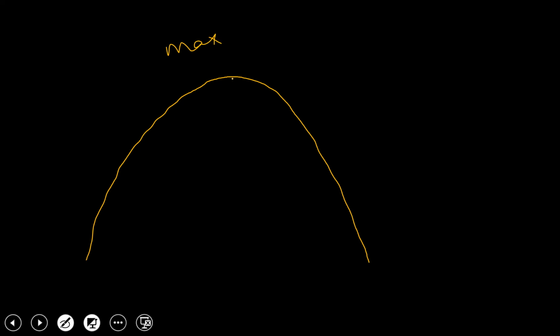For an instant, the function here will be constant. It will stop, because it was increasing then decreasing. Before changing from increasing to decreasing, it will be somewhere here.